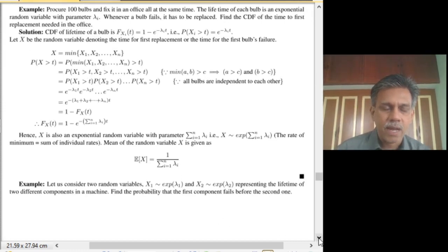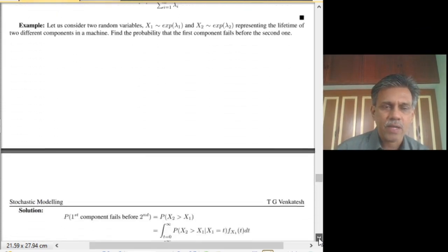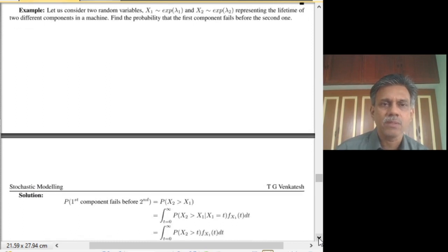Now let's consider another case where x1 and x2 are two random variables with the respective parameters lambda 1 and lambda 2. Let them represent the lifetimes of two components. We would like to find the probability that the first component fails before the second component.